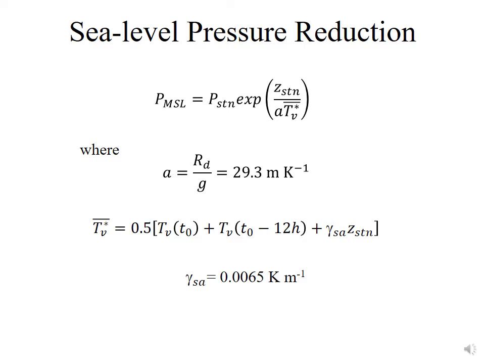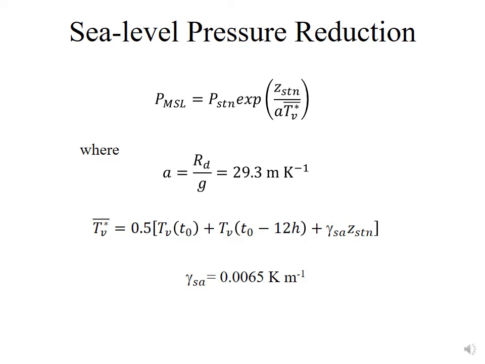The way that we actually do that is we take the virtual temperature at the initial time at the surface, measured at the station height, plus the virtual temperature 12 hours earlier, measured at the surface, and then you add to that the standard atmospheric lapse rate of 0.065 K per meter times the height of the station in meters, and then multiply that whole thing by 0.5.